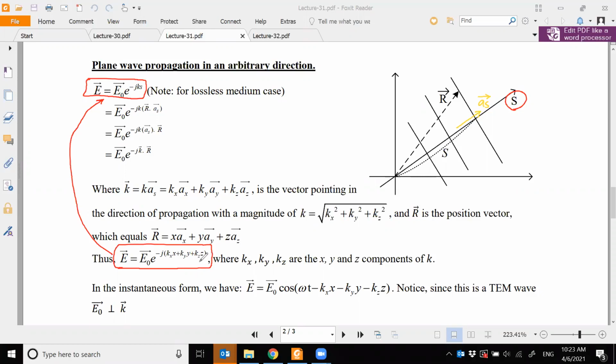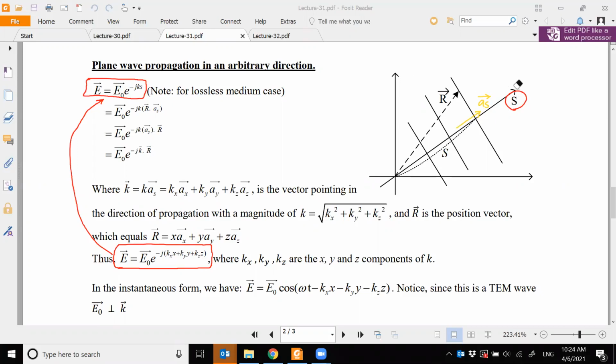It is saying that Kx is nothing but the component of my propagation constant along the x direction, Ky is the component along the y direction, and Kz is the component along the z direction. This is how we represent an electric field in an arbitrary direction.